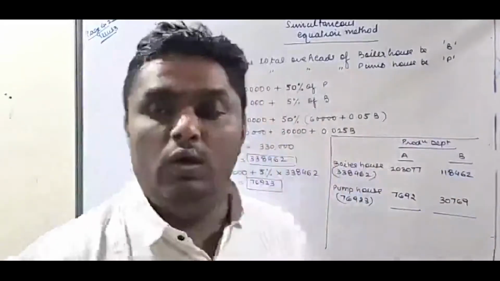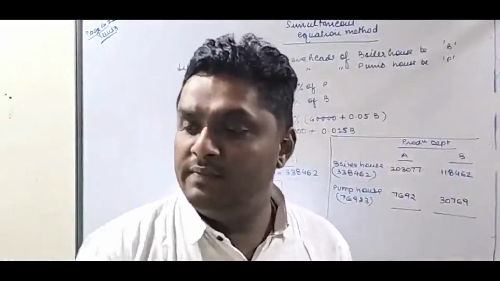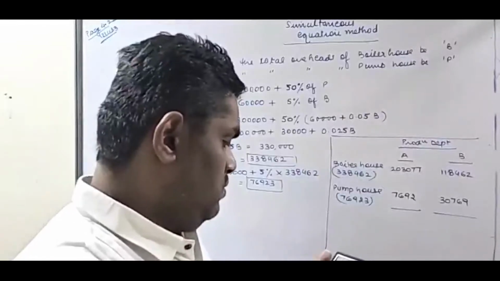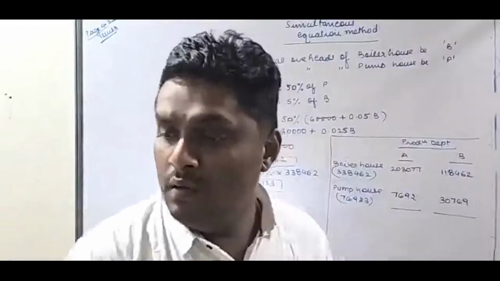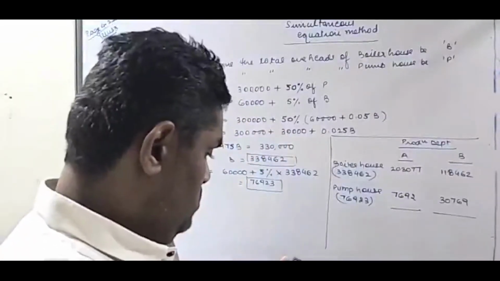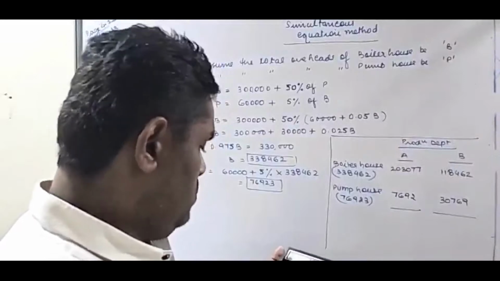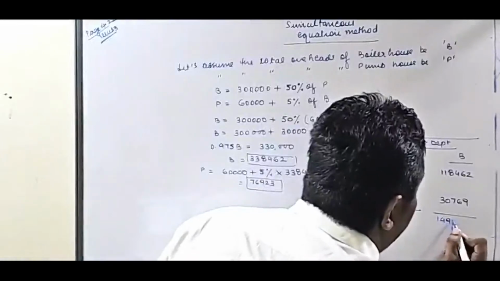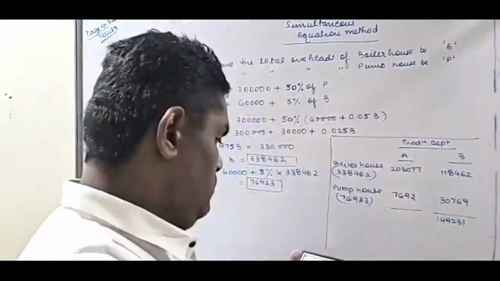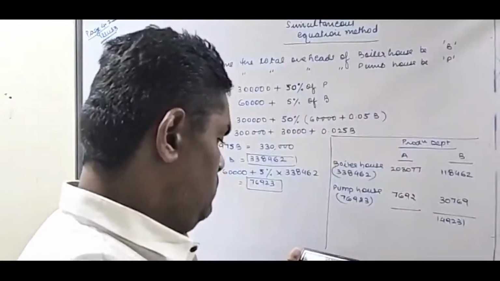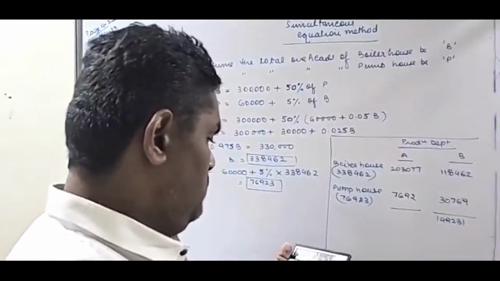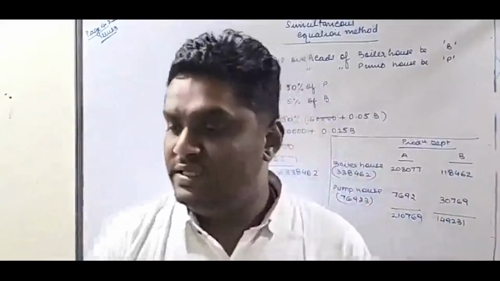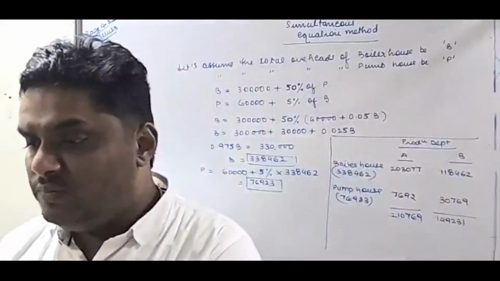So this is how we'll get the total overheads of the production departments A and B. This would be 149,231 and 210,769. If you guys have any doubts in this part, you can please post your queries.